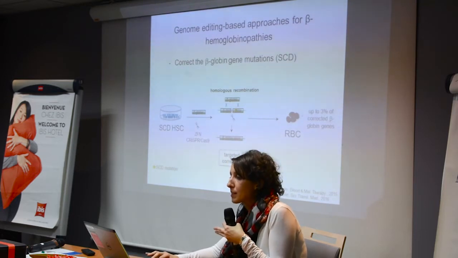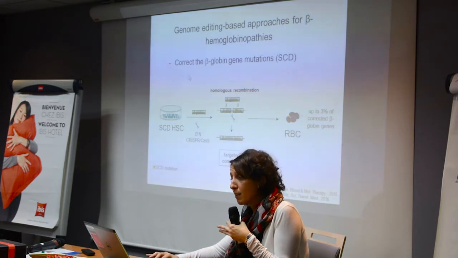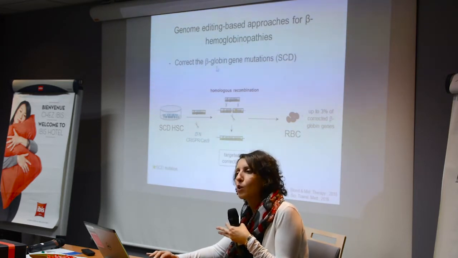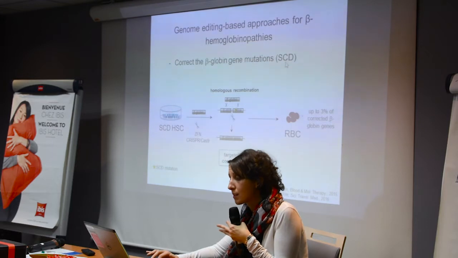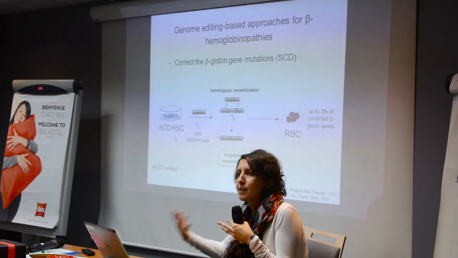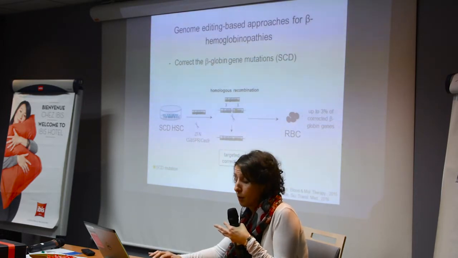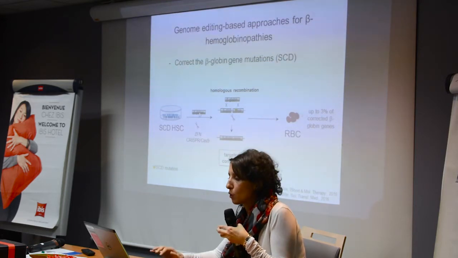Regarding the first approach, which is based on homologous recombination, there are several groups who try to correct the beta globin gene mutation, in particular the sickle cell disease mutation, in which we deliver our genome editing tools into hematopoietic stem cells of sickle cell patients, and we deliver the wild type beta globin gene.